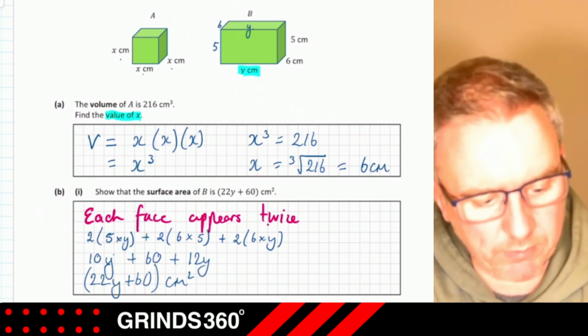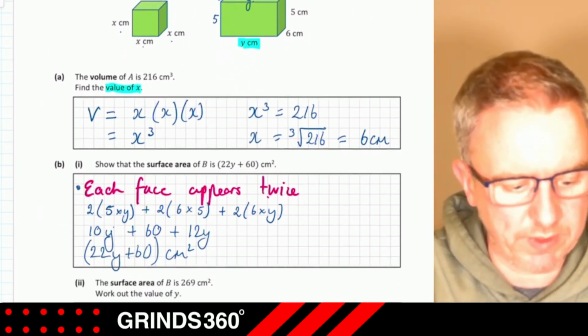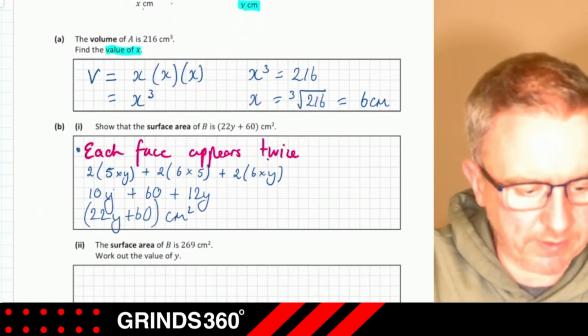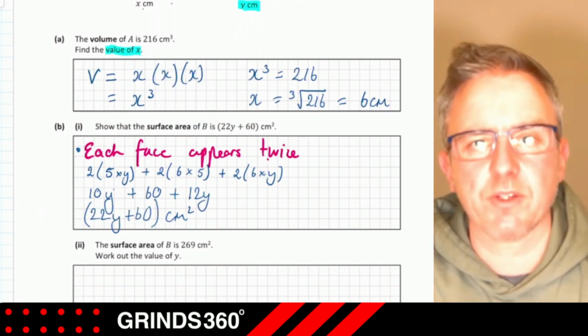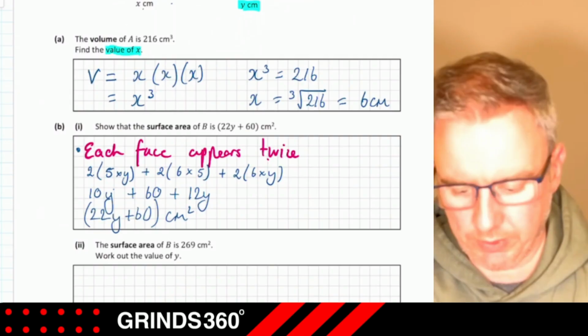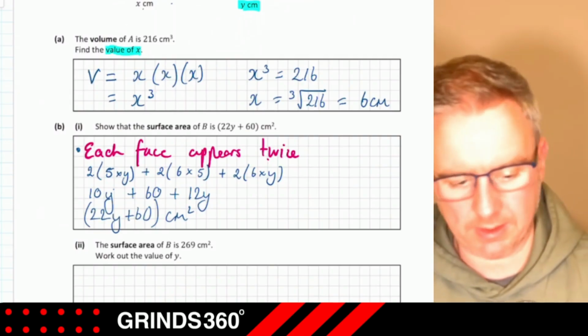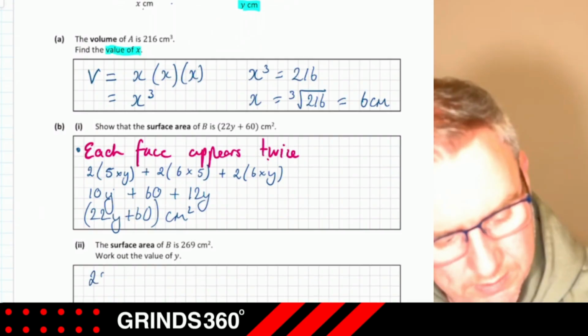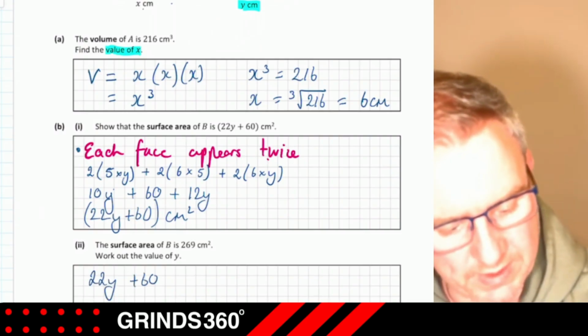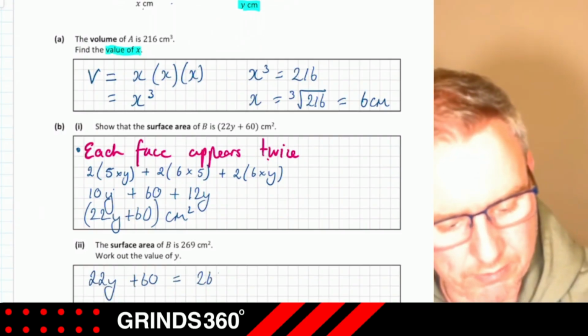Okay, key thing was that we had to remember that each face appears twice. Then they tell you that the surface area of B is equal to 269 centimetres squared. So you're taking the equation you've set up, and you're letting it equal 269. So we're saying 22y plus 60 is equal to 269.